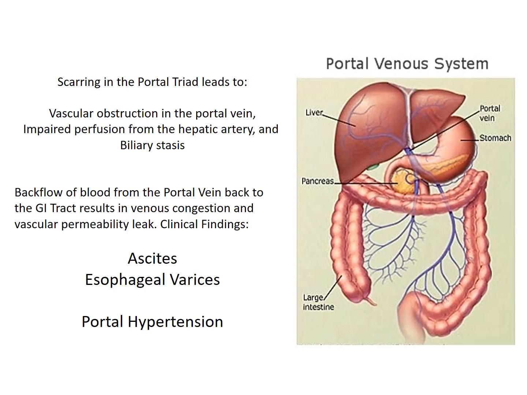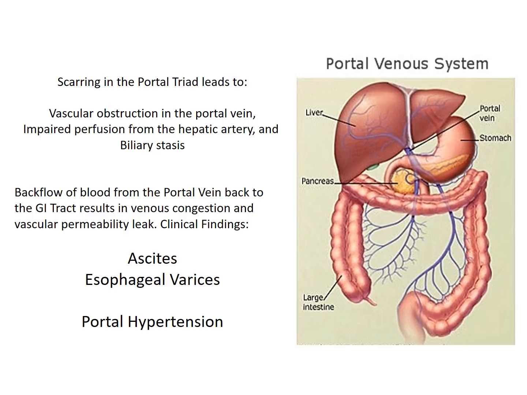And this is what leads to ascites, the accumulation of fluid in the peritoneal cavity, and varices, particularly in the esophagus and stomach. So the dilation of superficial veins on the esophagus and stomach is referred to as esophageal varices. So these are two significant complications of portal hypertension.